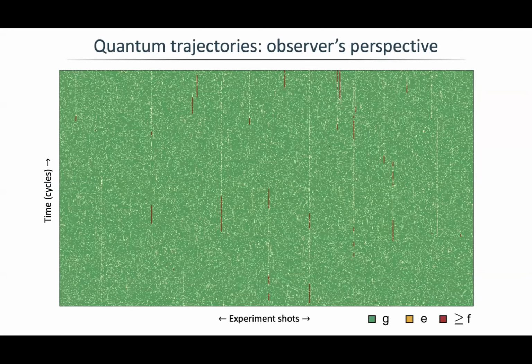So this is another measurement. This shows the measurement records that we actually received from the QEC circuit. Time runs that way, from 0 to 1,000 cycles. Green means the G outcome, yellow means the E outcome, and red means leakage. The fact that most of the plot is green is very good because that means that errors are rare.